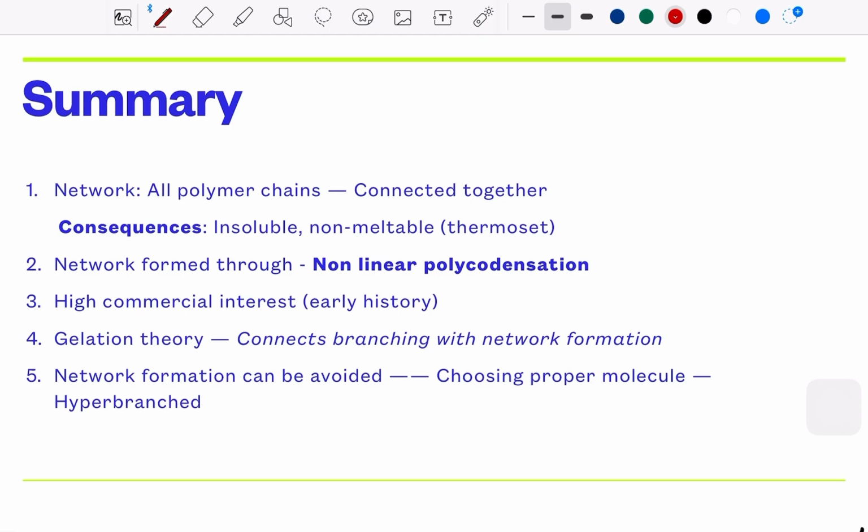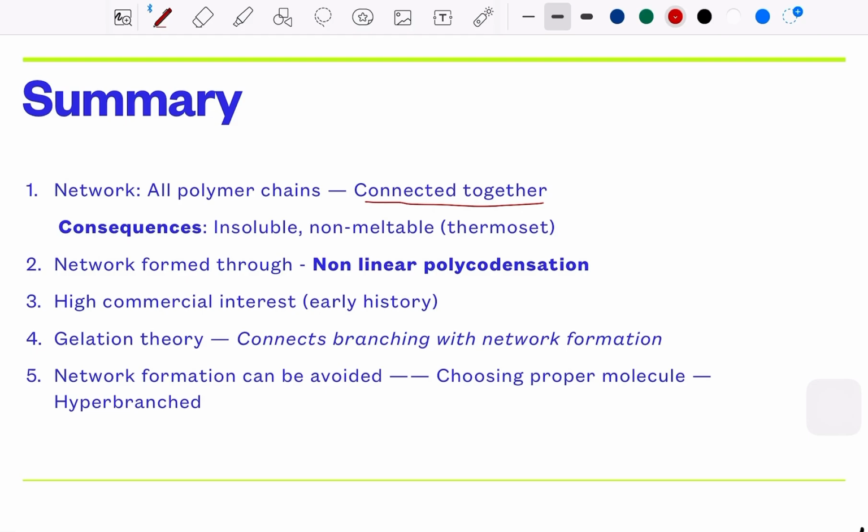So this is going to connect together, okay? Which in turn, as a consequence of the connections, will be insoluble and non-meltable, okay? Or we call it the thermoset. So we cannot reprocess it through heat.